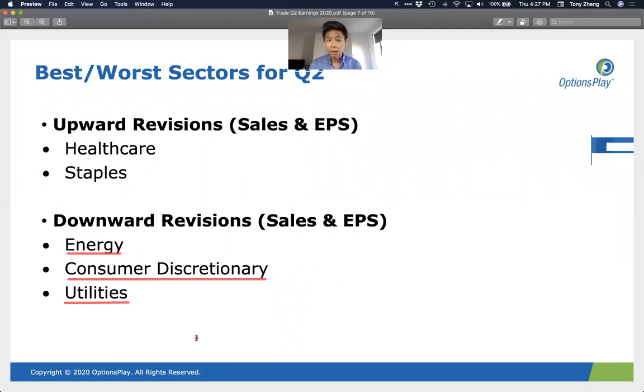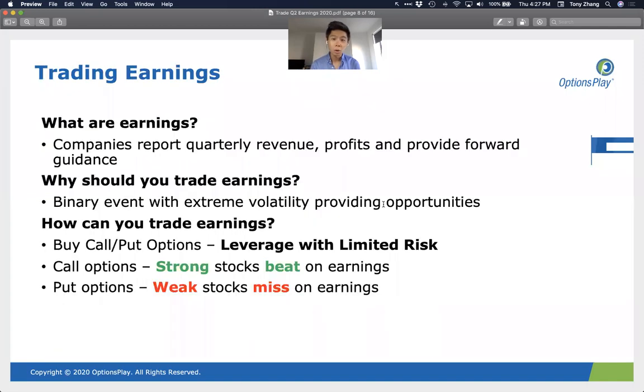Utilities were one of the weakest last quarter, and are looking particularly weak going into this earnings announcement. So that is just a quick overview of what our expectations are for last quarter and what we're expecting going into this particular earnings season. So not a whole lot that we're expecting in terms of movement, but certainly a lot in terms of information that we've been lacking so far.